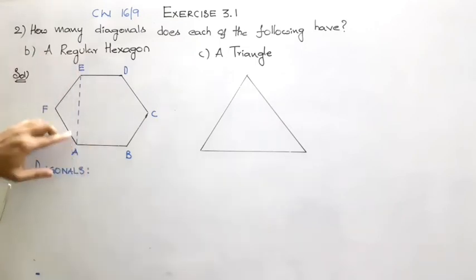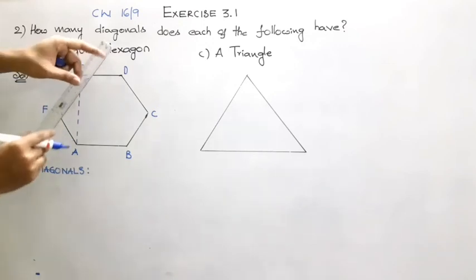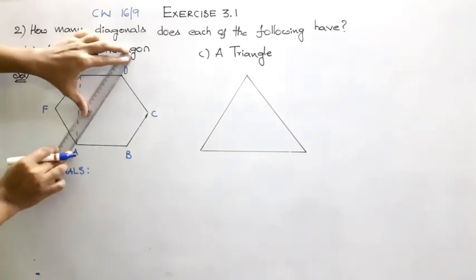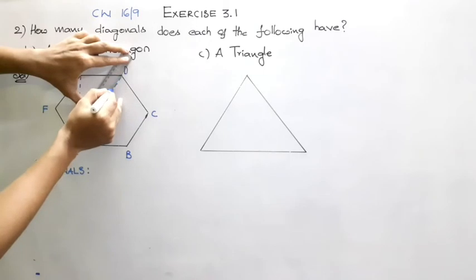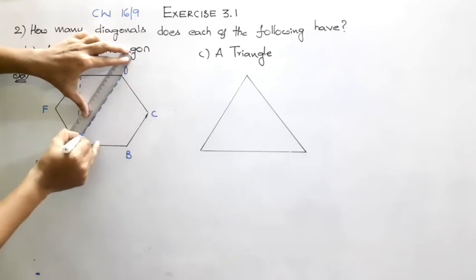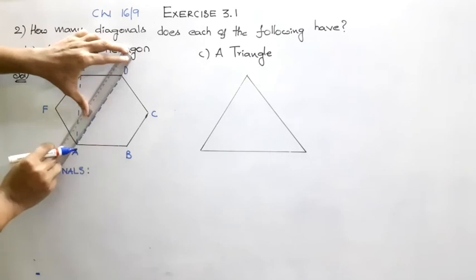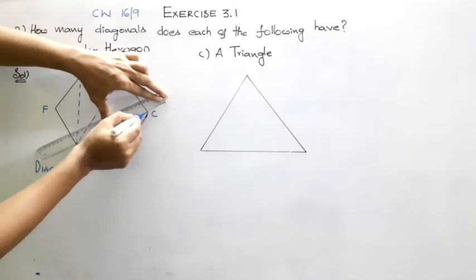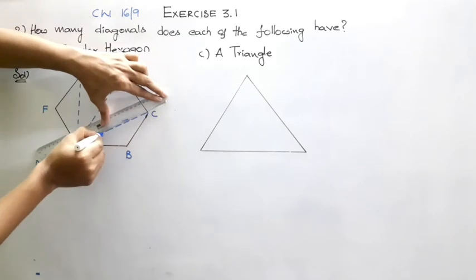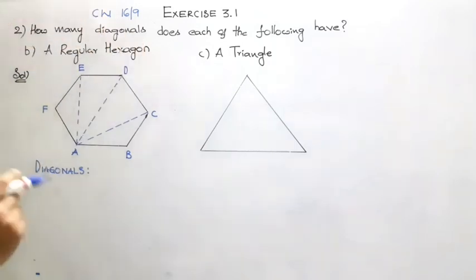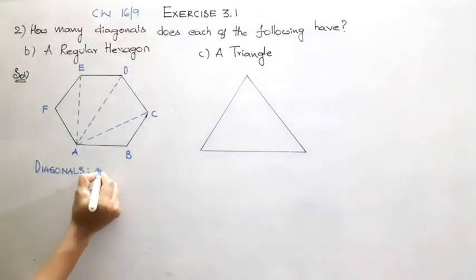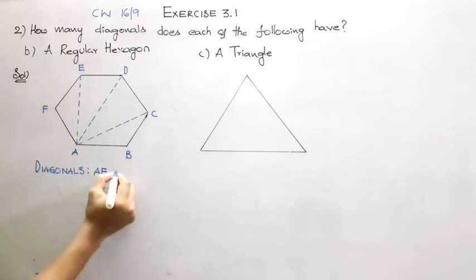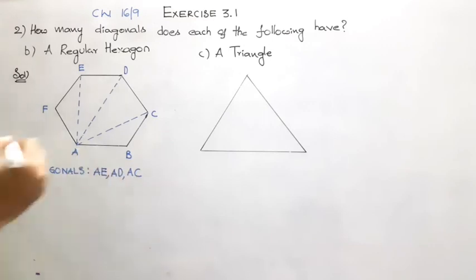So from A up to E we have one diagonal, and AD is another diagonal, and through A we have one more diagonal at C. So the possible diagonals are AE, AD and AC.